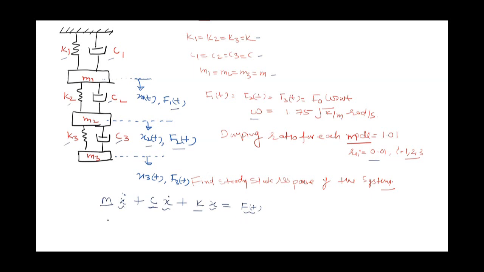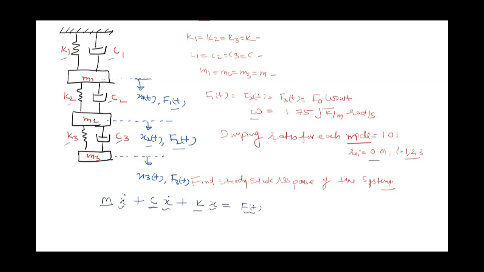First of all, we need to find out the governing equation using the free body diagram. In this lecture, we are not going to discuss the whole process because we already discussed it in the last lecture. But we discussed that if we are measuring the displacement x1(t), x2(t), x3(t) exactly from the point where the mass is lumped, like this mass m1 is lumped at this point and we are measuring x1 from this point only.